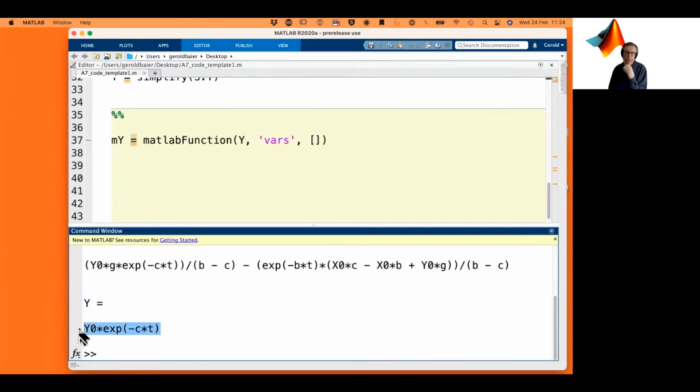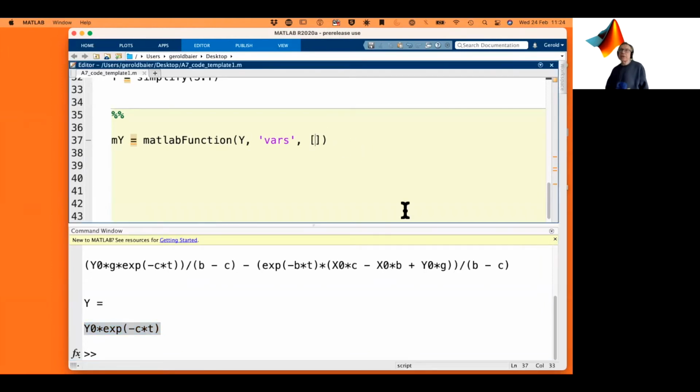So we need to know y naught and c and t. These are the symbols that are there symbolically, and those that we want to convert to real numbers. So we need to specify t and y naught, and we need to have c. Those three things are in the solution, and that's sufficient because the other things are not really needed.